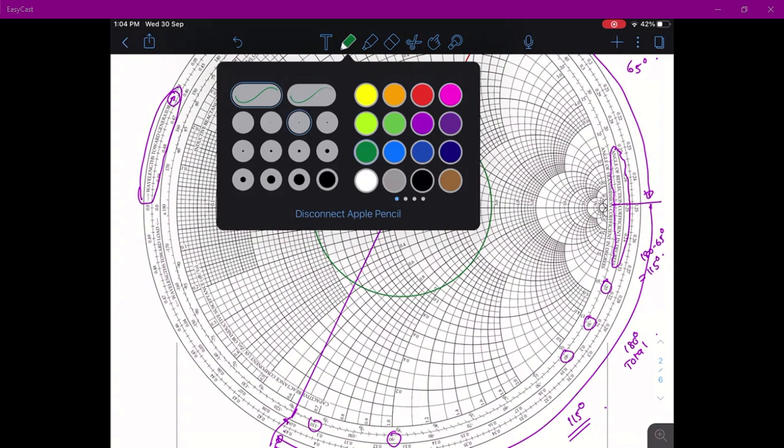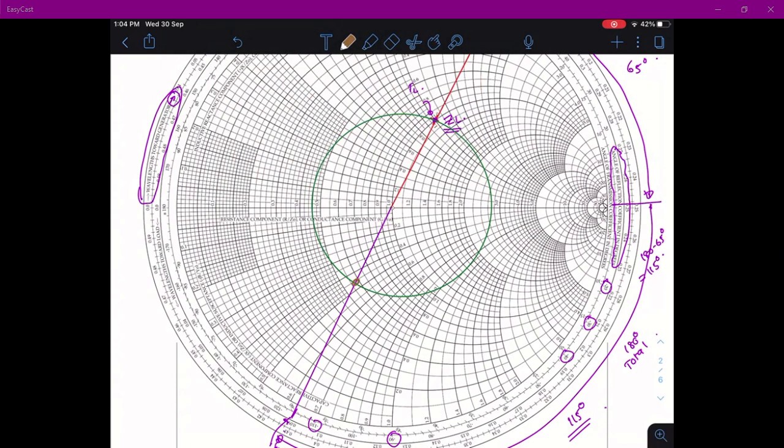Okay, so it is meeting something around here. So this is the point A.